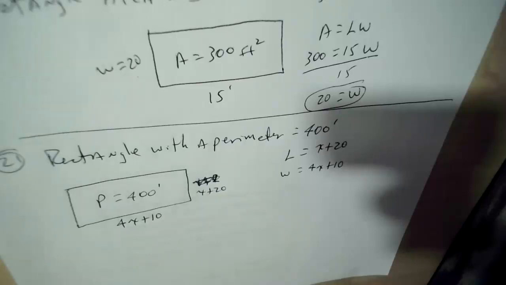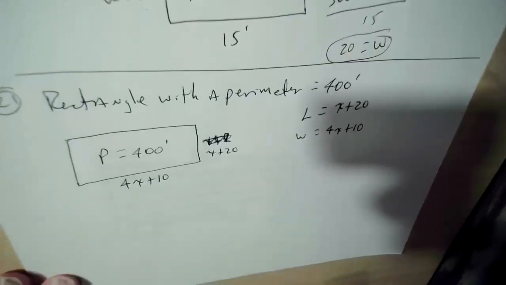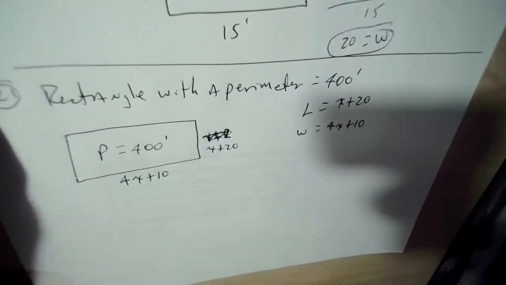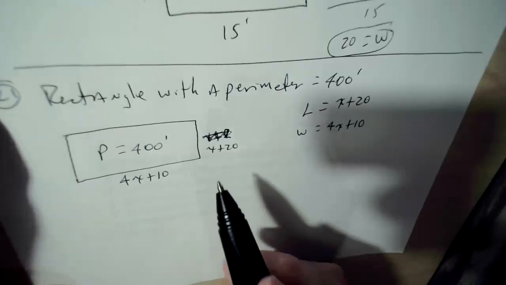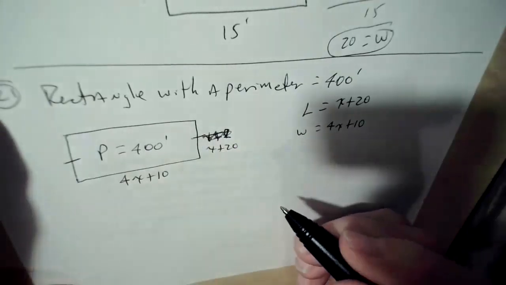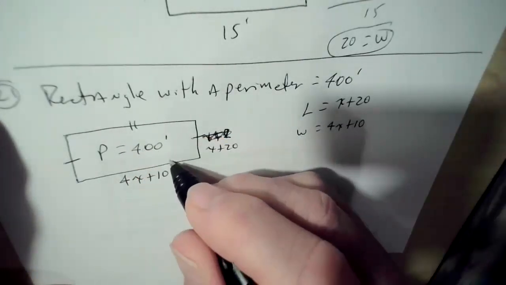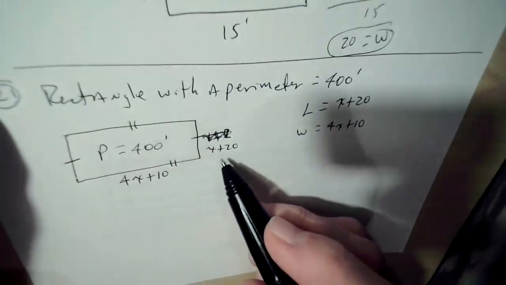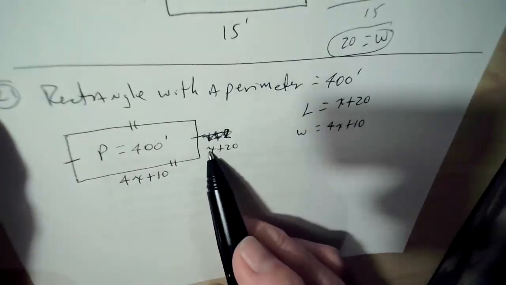Now remember the dimensions. What do we know about rectangles? Opposite sides are equal. This one's equal to this one, and that one's equal to that one.